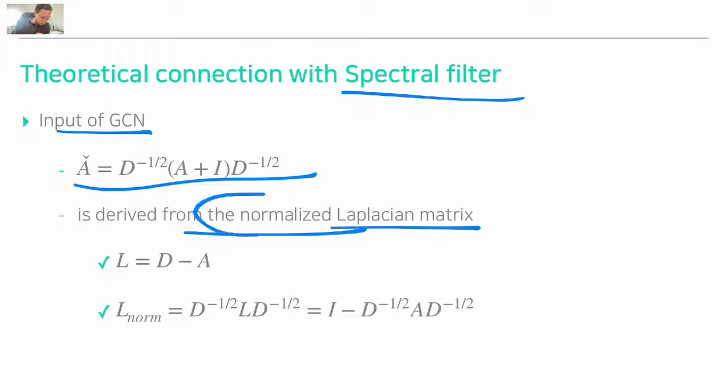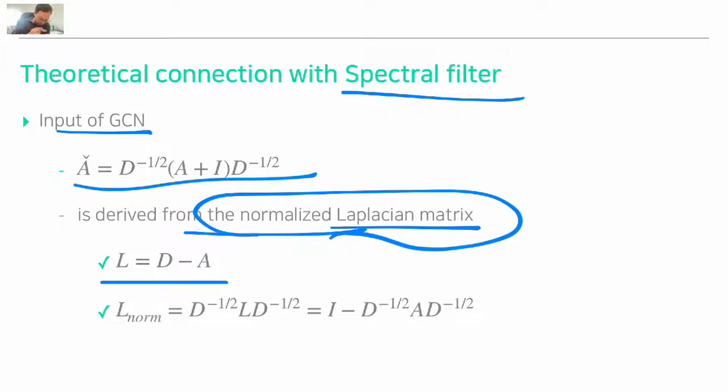The original normalized Laplacian is computed like this. D is a degree matrix and A is the adjacency matrix. We define L as D minus A, and we normalize it with the degree information, and we get the final normalized Laplacian matrix.